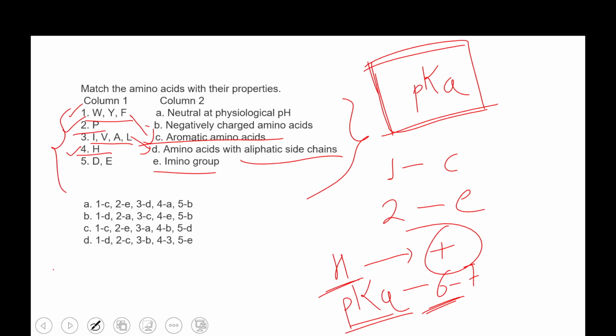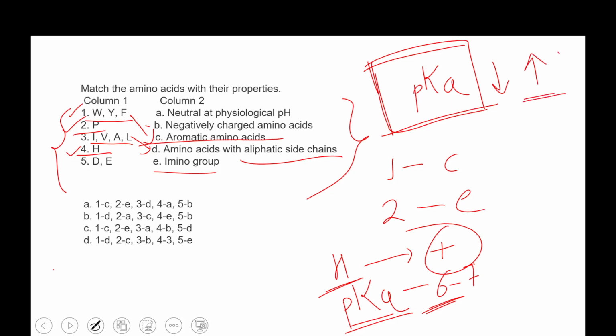So the lesser the pK, the more acidic the amino acid will be. So all the acidic amino acids or negatively charged amino acids have very low pK values. However, the basic or positively charged amino acids have a higher pK value.